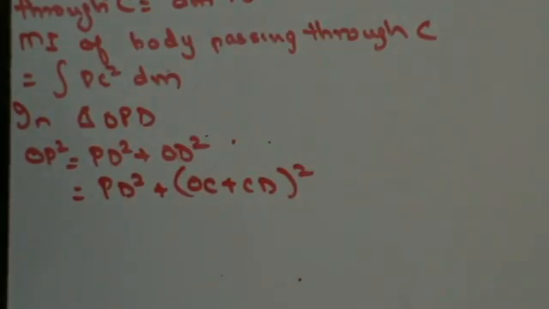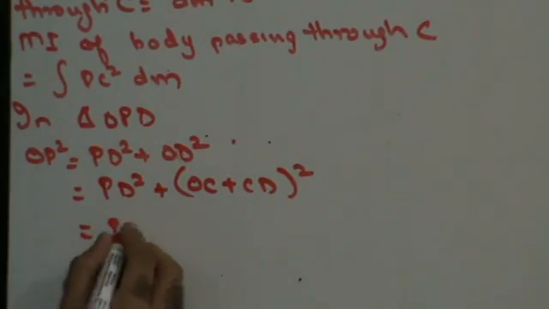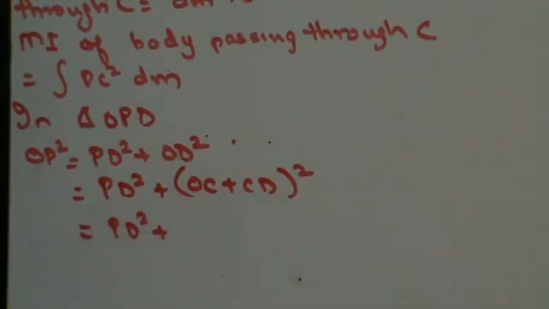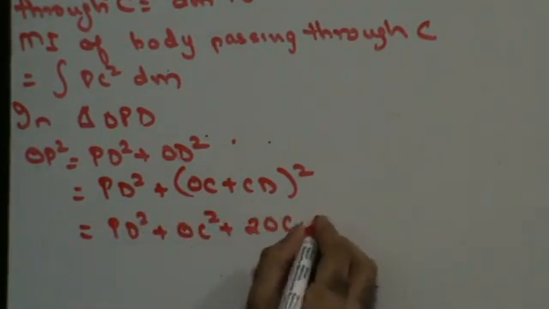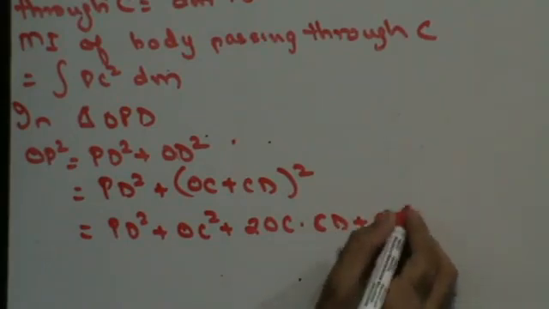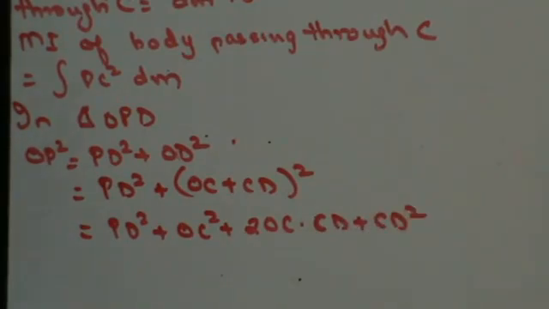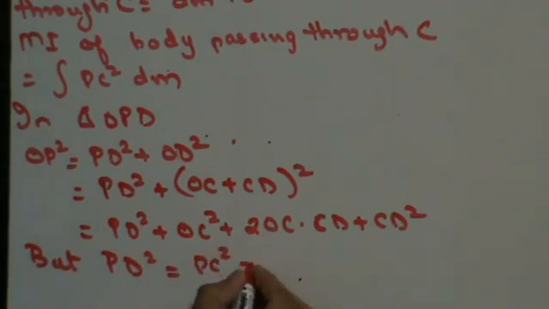Now, this is in the form A plus B the whole square, which is A square plus 2AB plus B square. But PD square is nothing but PC square minus CD square.